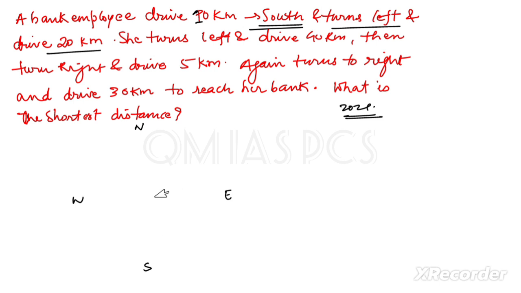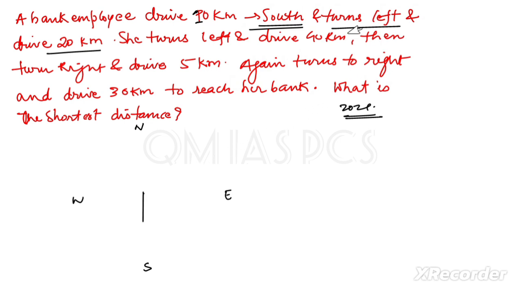It will be easier for you, so represent that first, then you can represent the movements. So how to represent that? It is written 10 kilometer towards south. So I'm writing this is the center point and moving towards south 10 kilometer. Just writing this one is 10 kilometer.